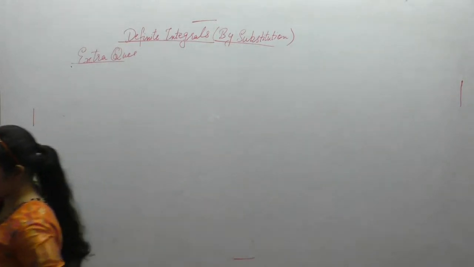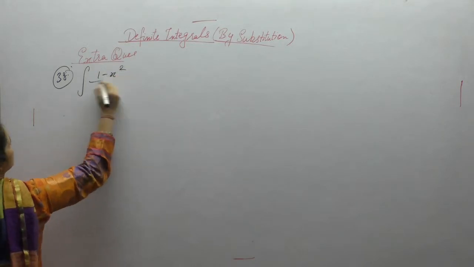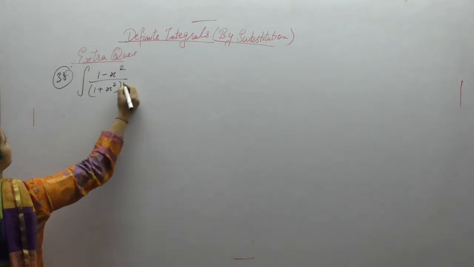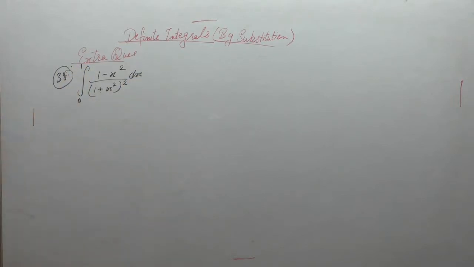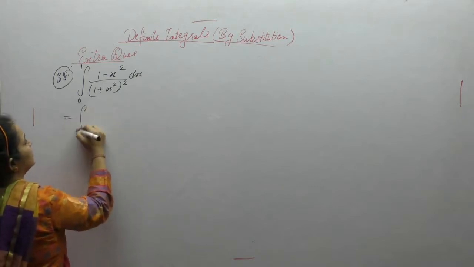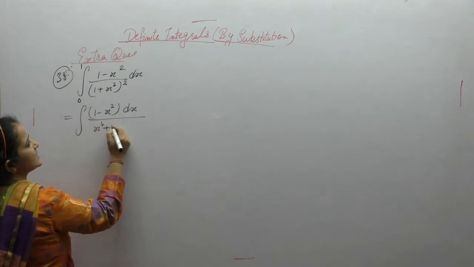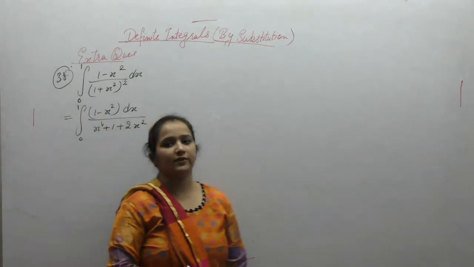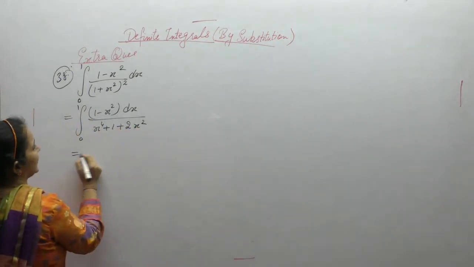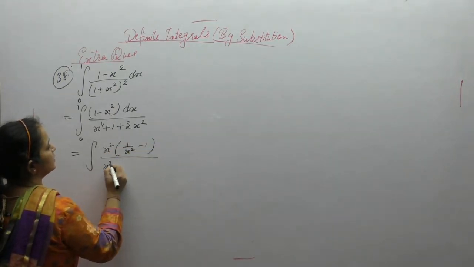Now the next one is the integral of 1 minus x square upon 1 plus x square whole square, and the limit goes from 0 to 1. 1 minus x square, open the bracket: a square plus b square plus 2ab. In the denominator we have terms of degree 4, so take x square common from numerator and from denominator also.